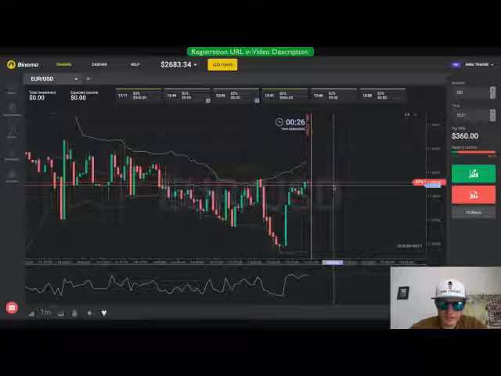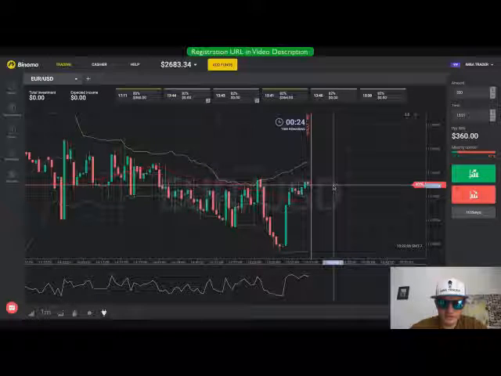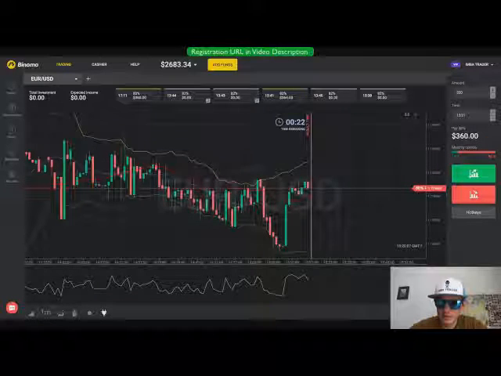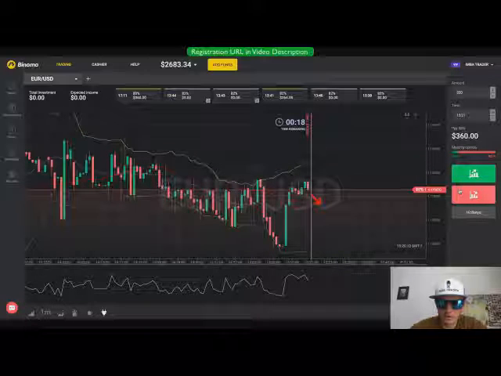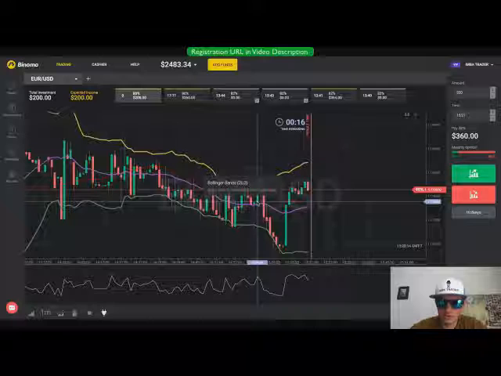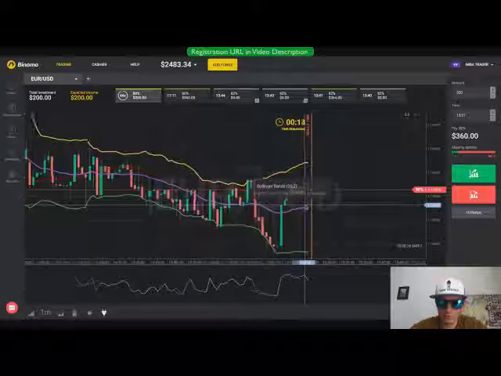So let's see, maybe not the perfect movement, but I would try to go with the downwards trend here.